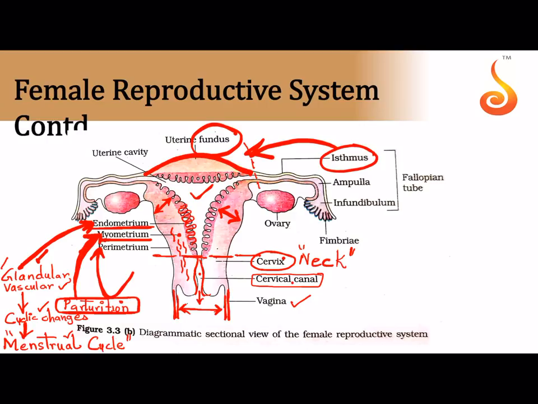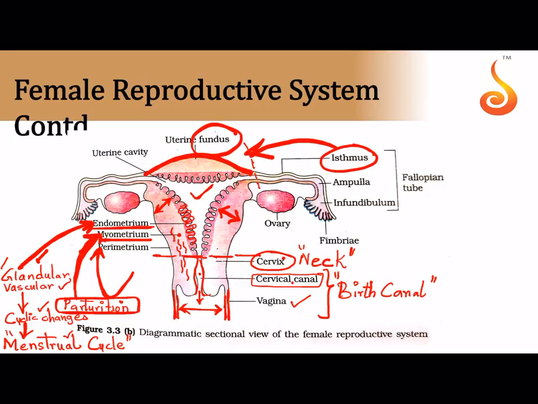Now here I would like you to remember one thing. The cervical canal and the vaginal canal together constitute what is referred to as the birth canal. Why is it called the birth canal?